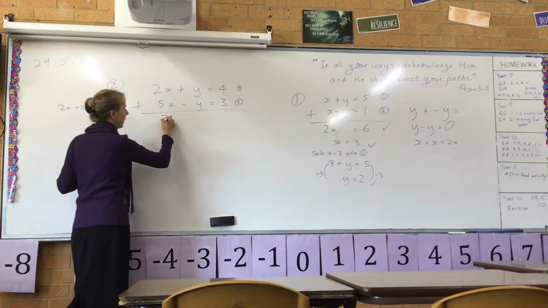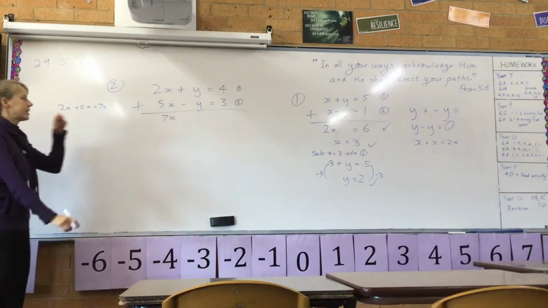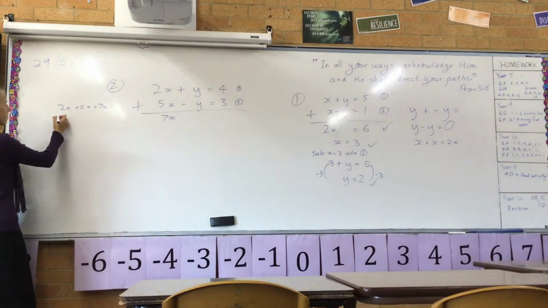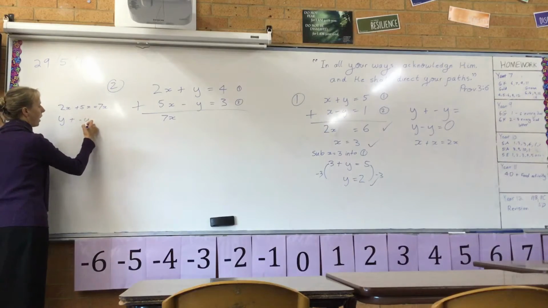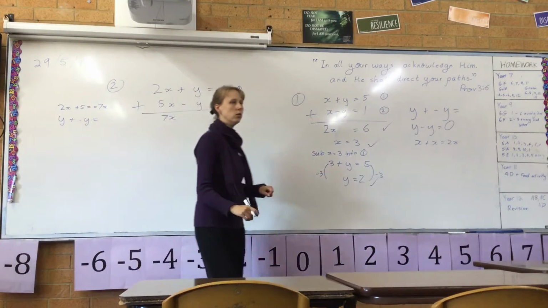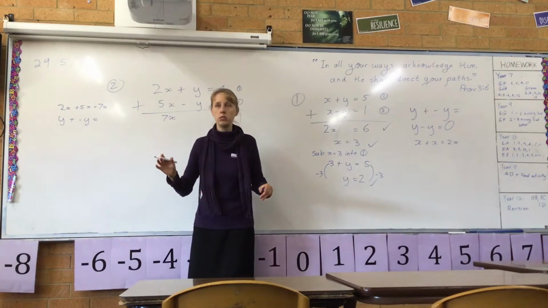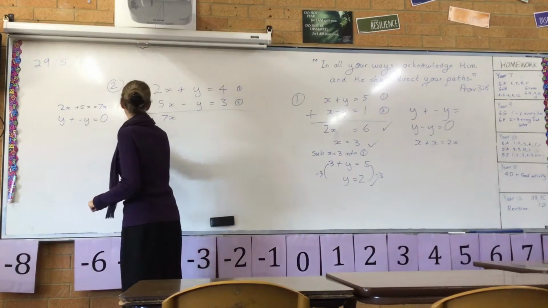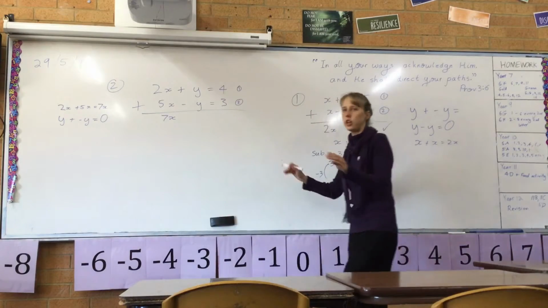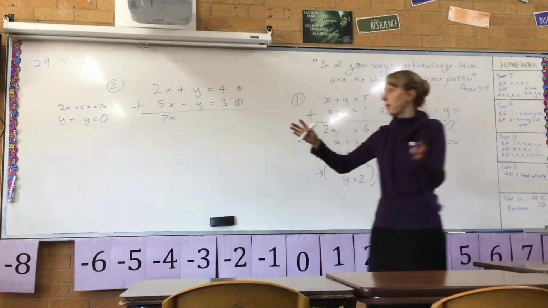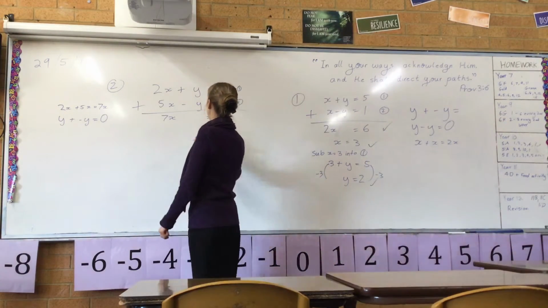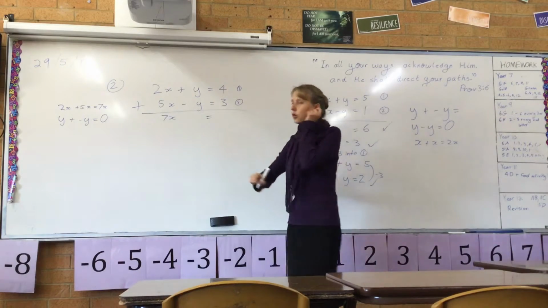Okay, so that equals 7x. Now we have the same as we had before. We have y plus minus y. What's it going to equal? Zero. You all agree with 0? Yeah. It's the same, so that's vanished. So you can do plus 0 or minus 0, I'll leave it blank. Now add 4 plus 3 is?